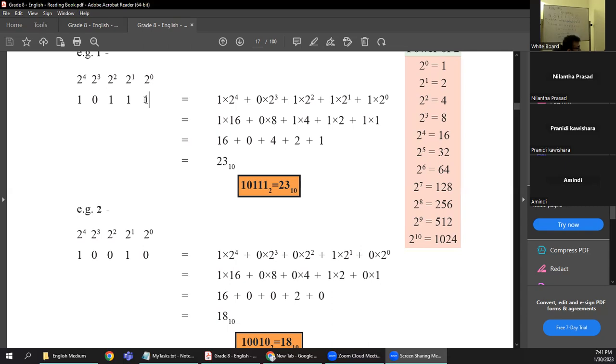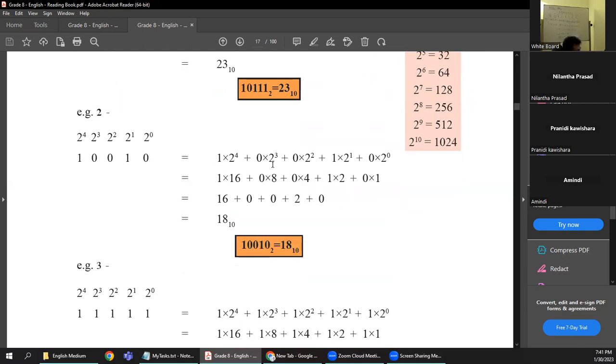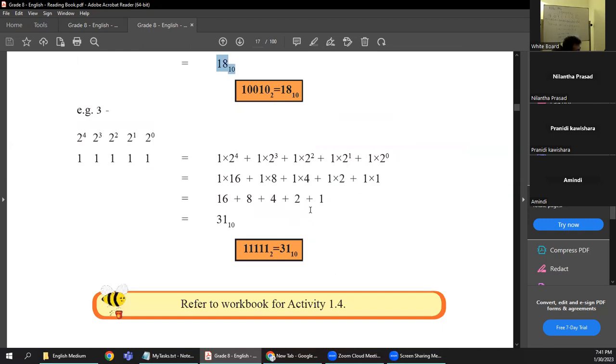You can see this number, which is in binary. You can see the place values on top of it. It has been converted like this, and you can see the values here, also being added together, and you get 23 in base 10. Again, you can see another value converted in the same form, and it is 18. So once you go through this book, you can find there are some examples.